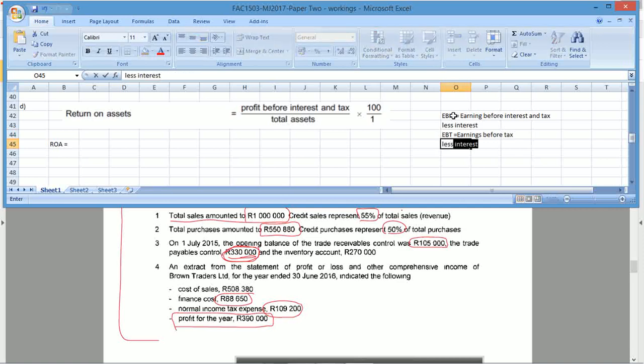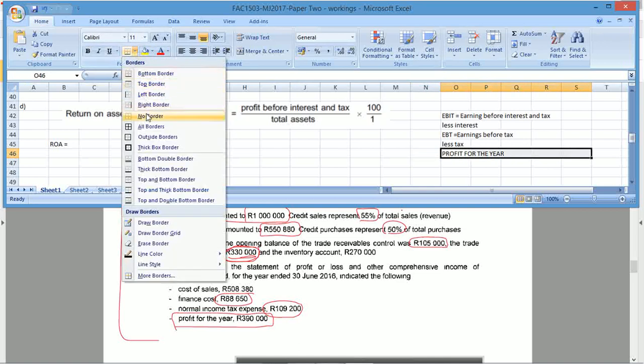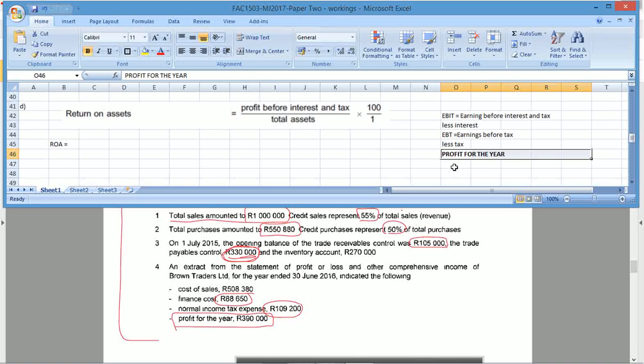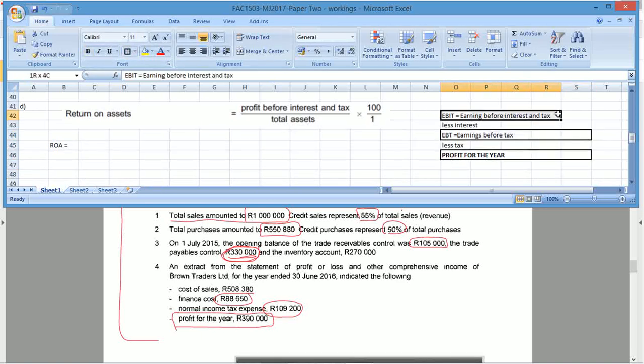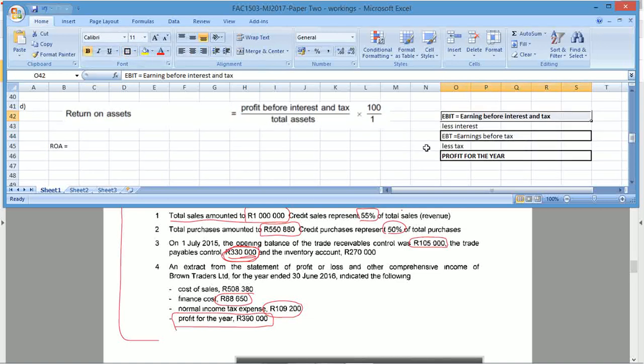Then you less the tax, then you have net profit for the year, or after tax. You don't add the profit for the year, right? What do you mean add? There was a formula where we didn't add the profit for the year. We just took the two amounts, which were the less interest and before tax.